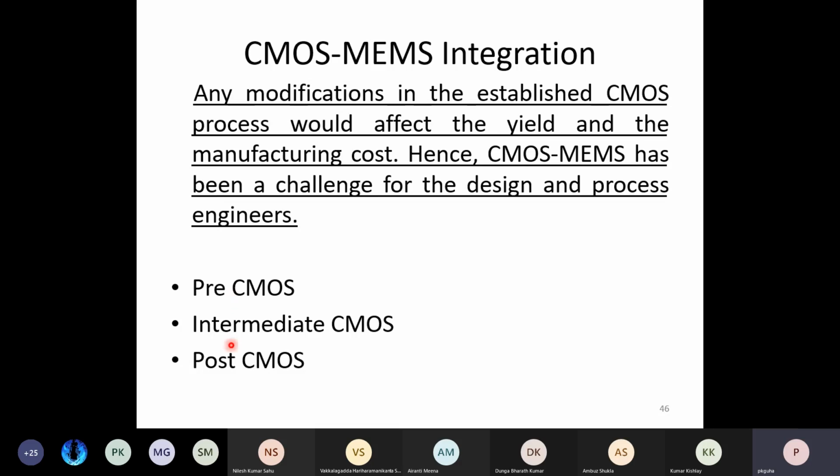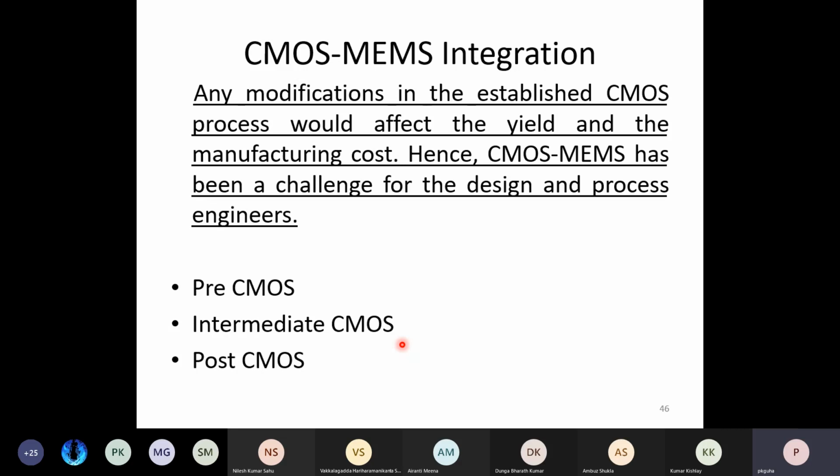What is intermediate CMOS? It means you are fabricating different layers. You remember oxide, then polysilicon. You realize the gate oxide and polysilicon. Then you implant, realize source and drain, by either ion implantation or diffusion. Then you fabricate different metal layers and oxide layers, and so on. These are the different layers you need to fabricate in the CMOS process to make your circuit.